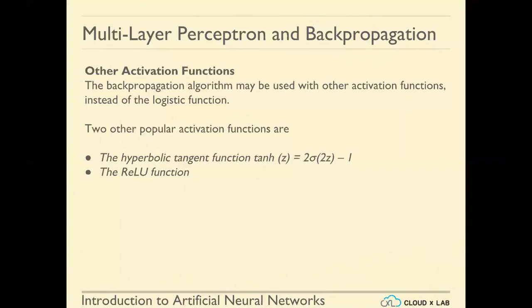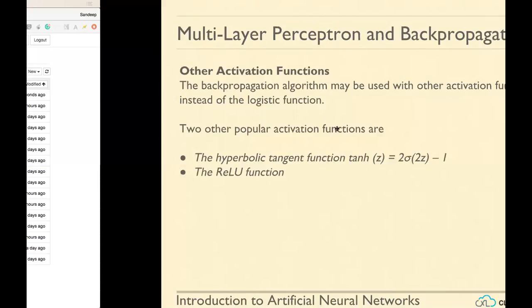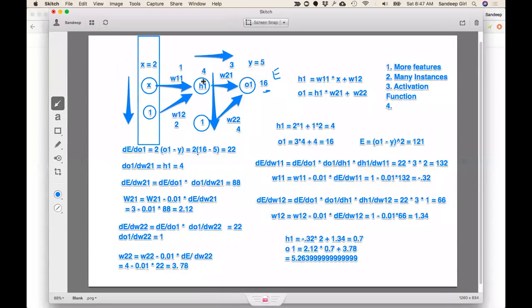And how it does that: one, it has multiple layers. Second, after each layer's computation, in the model that we studied here, just after we compute H1 and before sending the signal to O1, we apply the activation function.